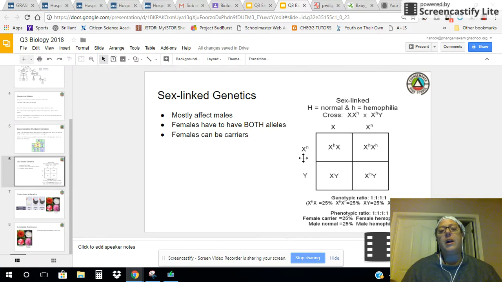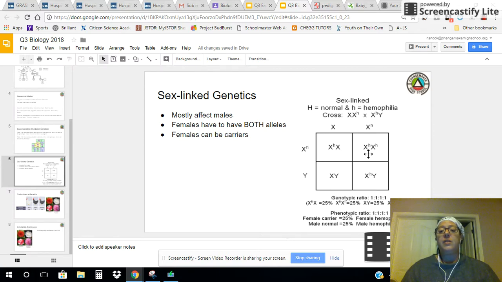So if we multiply the alleles by each other to find out what the possible offspring could be, you'll see that this male's X that's affected times this female that is not affected gives you this in the Punnett square, which means it's a female that is not affected but is a carrier because one of her X's has that little H. And what that means is that some of her eggs have the carrier gene in it and can be passed on to her offspring.